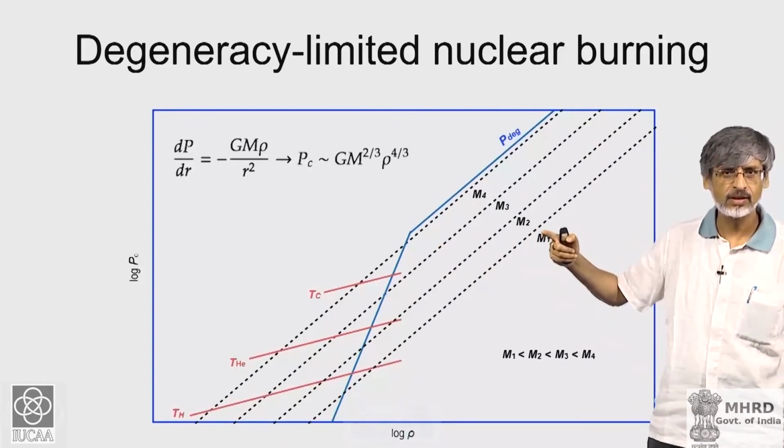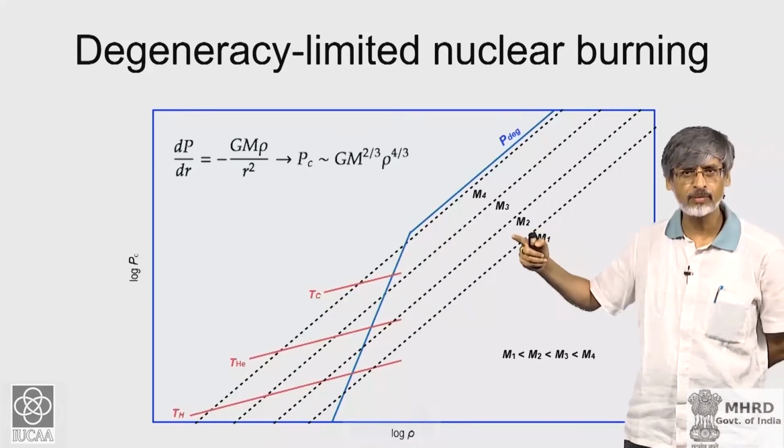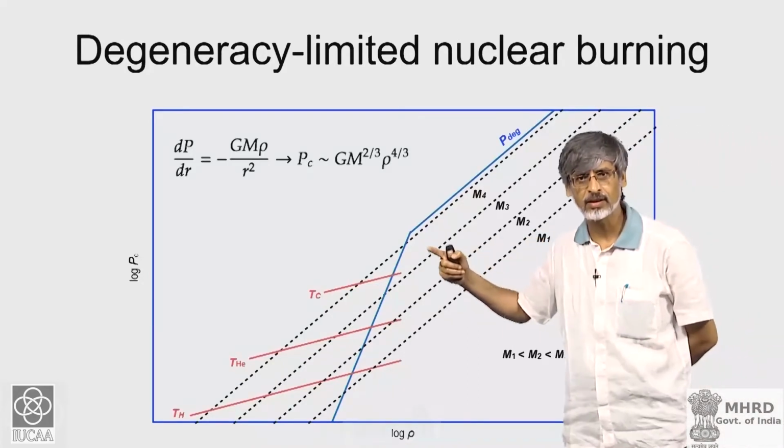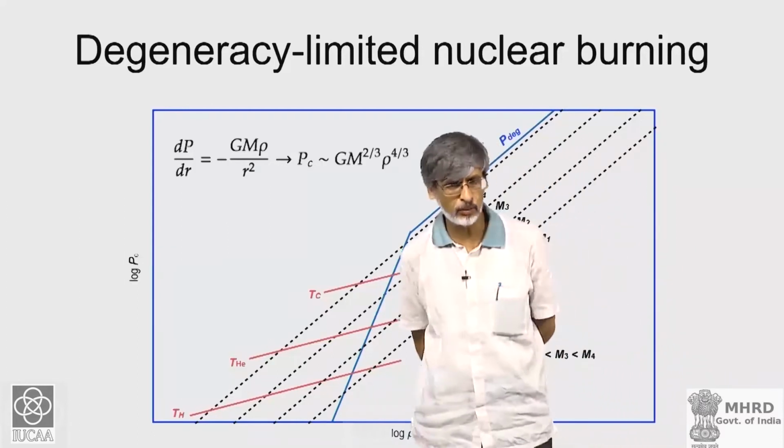So this lowest line is for a lower mass, then a little higher mass, then a little higher, these sloping dashed lines.